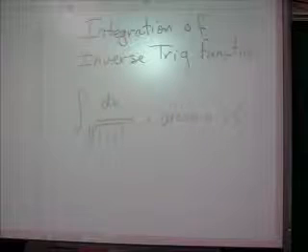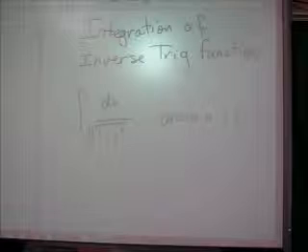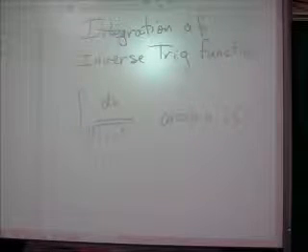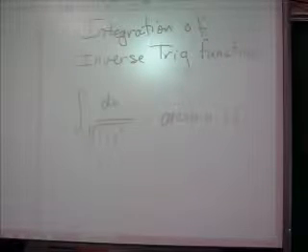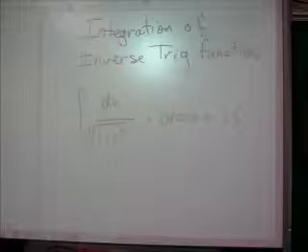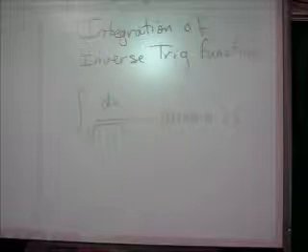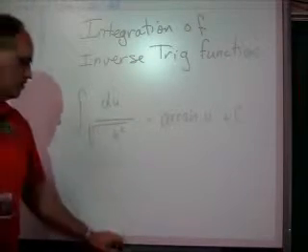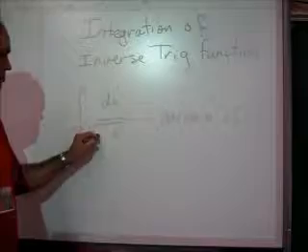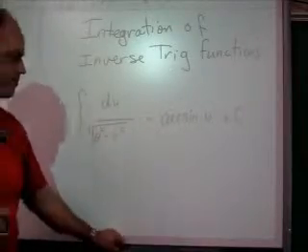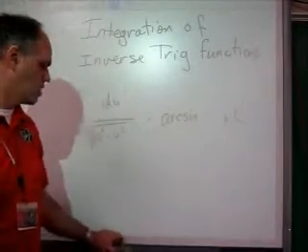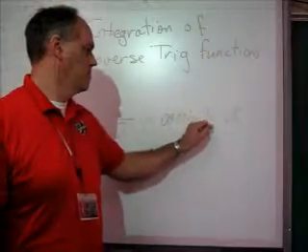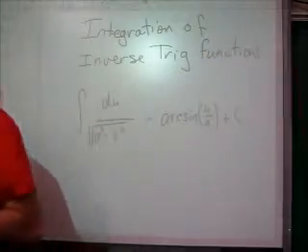Now, does that match what's in the front of your book in terms of a formula? Probably. Or is there a little more symbology on it? Yeah, this is du over the square root of a squared minus u squared. So they take us beyond this one, and I figured it would. Arc sine of u over a. So there we go.